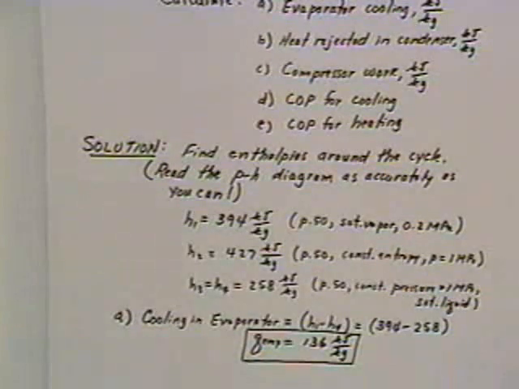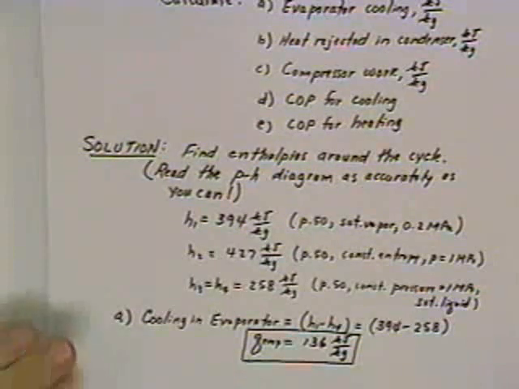Again, we just showed the overall pH diagram. I don't think there's a need to try and show that back up on the screen again, because it's very difficult to read. I'll just give you the numbers that I got in going through this cycle analysis, and leave it up to you when you do your review to look up the properties at the same locations I've got, and see if you agree with me that these are the right numbers that I picked off of the diagram.